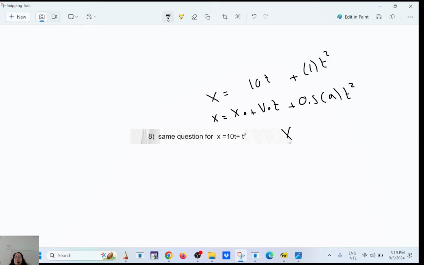So what's the initial velocity? You're right, I was thinking initial position. So it's 10. Initial velocity is 10. Very good. And what about the position? 0. Okay. What about the acceleration? 2. Very good.